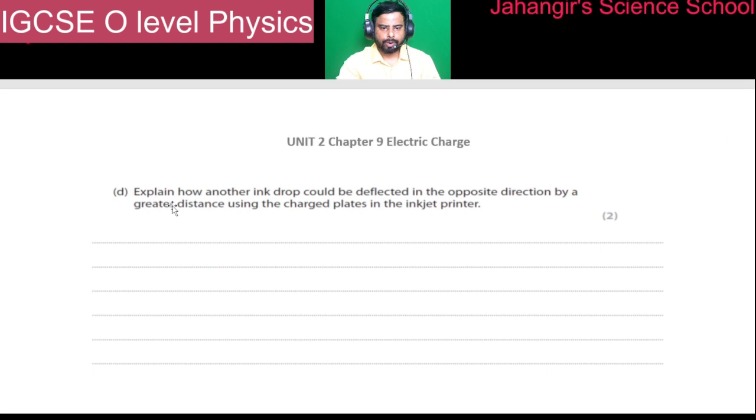Now explain how another ink drop could be deflected in the opposite direction by a greater distance using the charged plates in the inkjet printer.